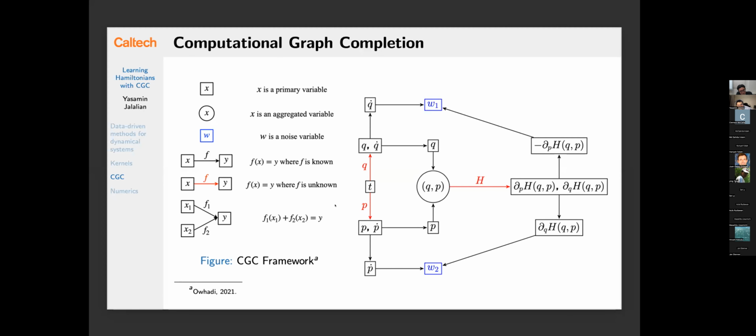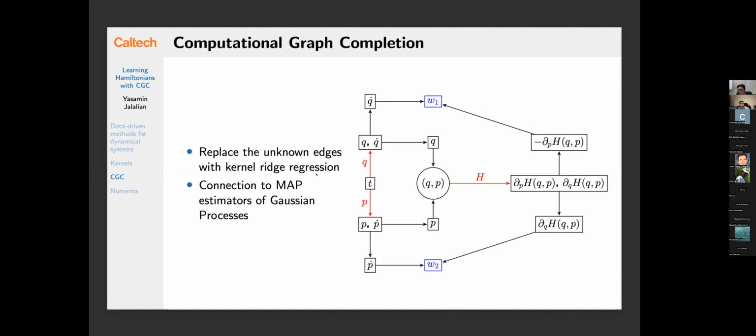At this point of our numerics, we're just assuming that we don't have any data on the Q dot and P dot themselves, but we're just deriving Q dot and P dot to be the derivatives of our interpolants. And then the P and Q aggregate to the Q and P. And then with this unknown function H, we have the Hamiltonian, and these are our noise variables in this graph.